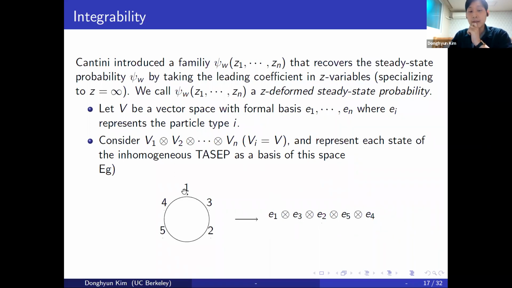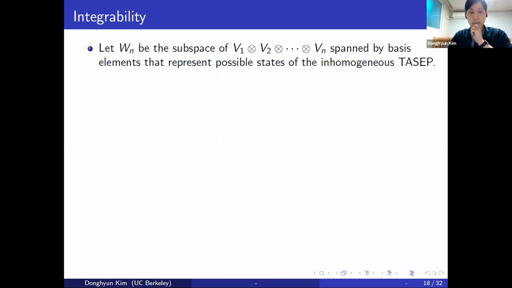For example, the state 1,3,2,5,4 is represented as this vector. Let W_n be the subspace of this n-fold tensor product spanned by basis elements that represent possible states of the inhomogeneous TASEP. So W_n is an n factorial dimensional vector space.